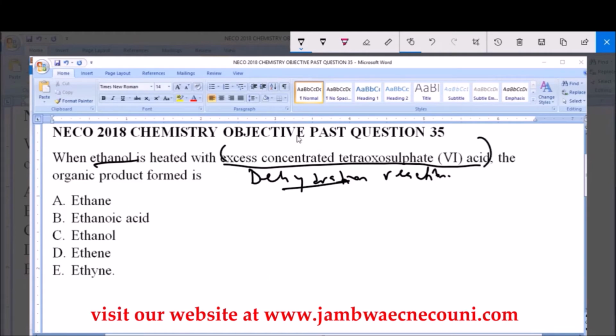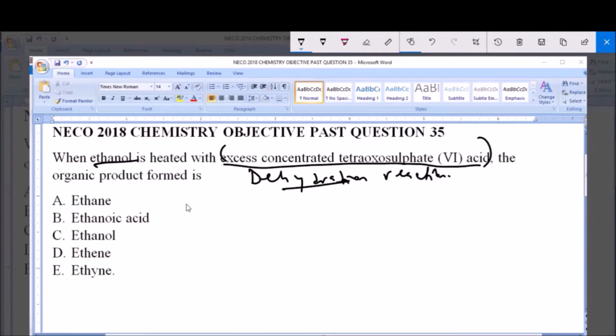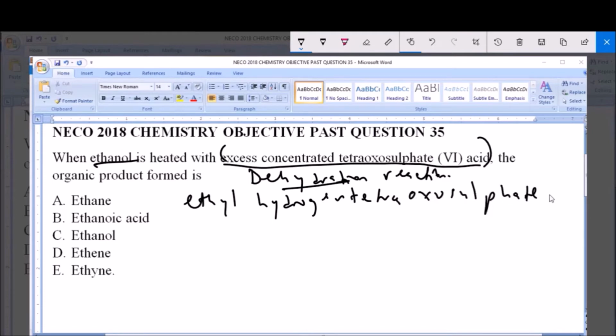Now, when this happens, the reaction first of all yields a product known as ethyl hydrogen tetraoxosulfate 6, given by this formula, C2H5HSO4.